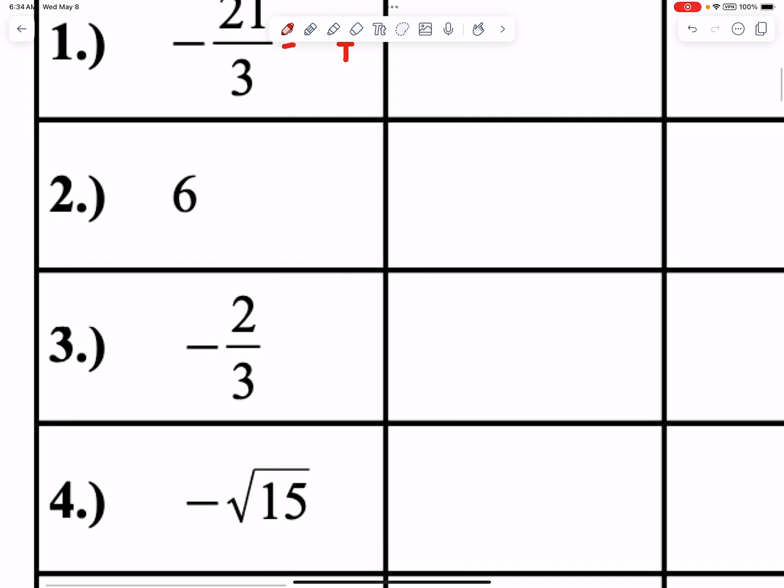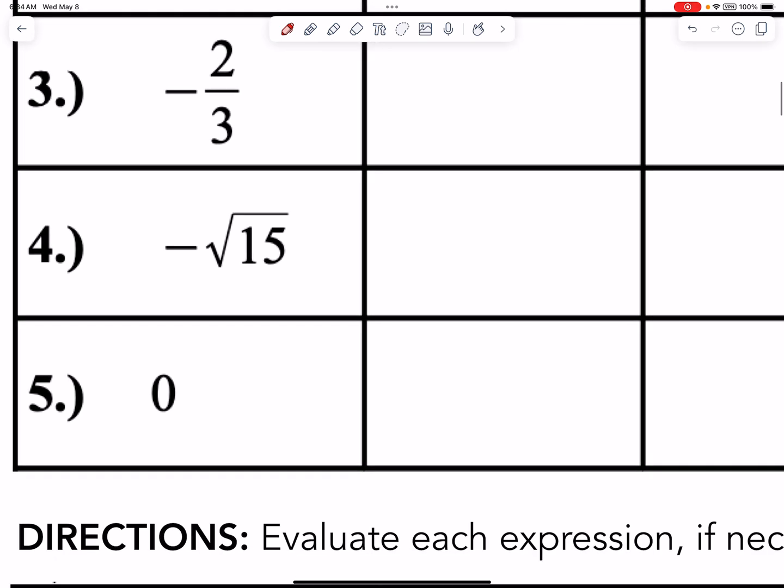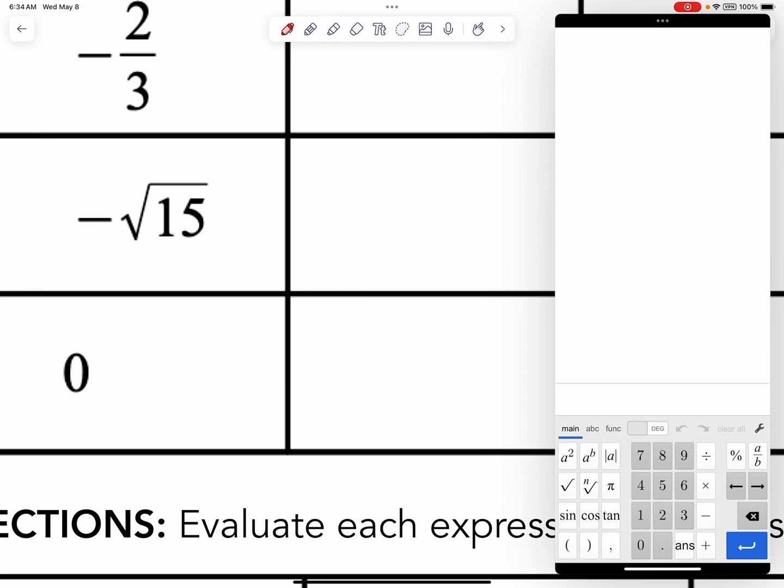6 is just 6, but if we want, we could also show and remind ourselves that it's also a fraction, okay? -2 thirds, we know that's a fraction and a decimal. We have negative square root of 15. So this is one that I would want to go to Desmos and do square root of 15 and see, oh, it's this really long decimal, -3.8729.